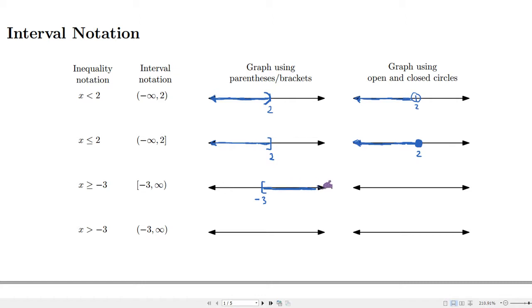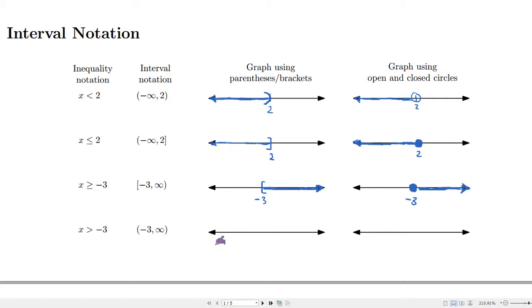Every value up here is something larger than -3. For example, 0 would be included here. And with open or closed circles, we're in greater than or equal to, so the equal to means we're going to have a filled in circle at -3, all the way to positive infinity.